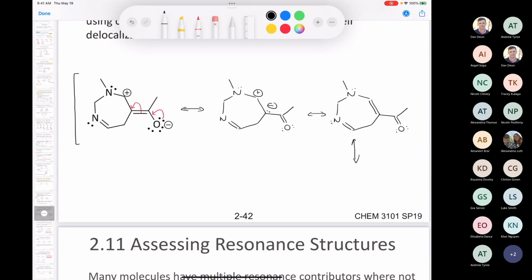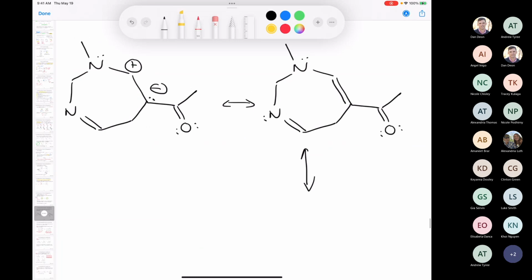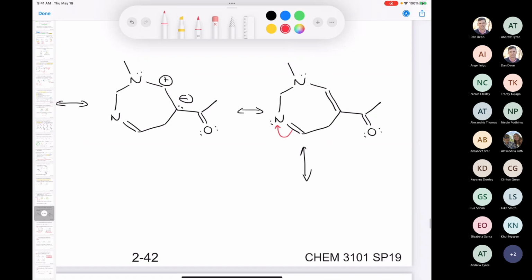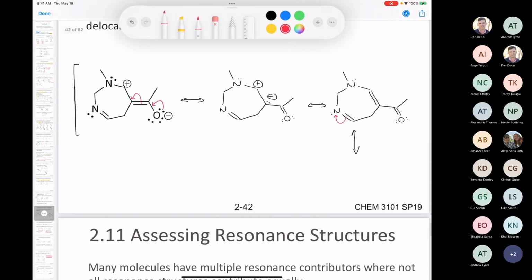So if I look at the pi bond that's between two atoms of differing electronegativity, nitrogen is more electronegative than carbon, and thus I can break that pi bond and put the electrons on the nitrogen. Excuse me. And I'll just paste this guy again. So what that's going to give me, I'll move this resonance arrow so it's a little bit prettier.